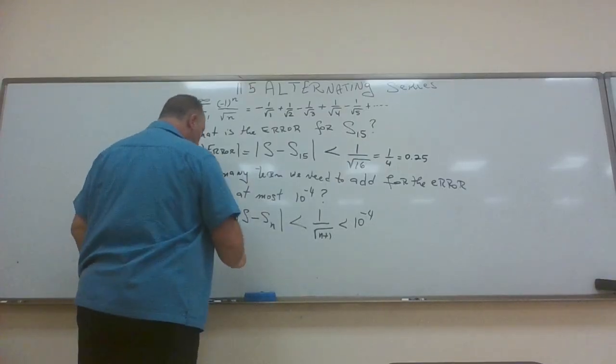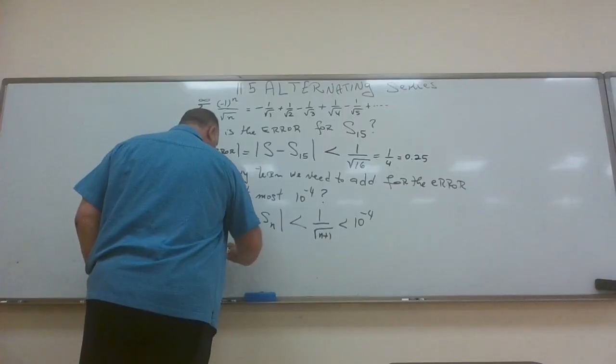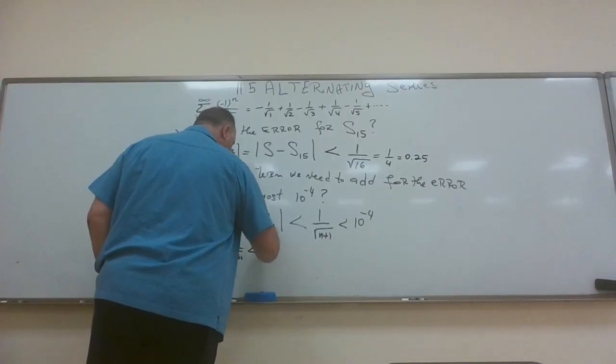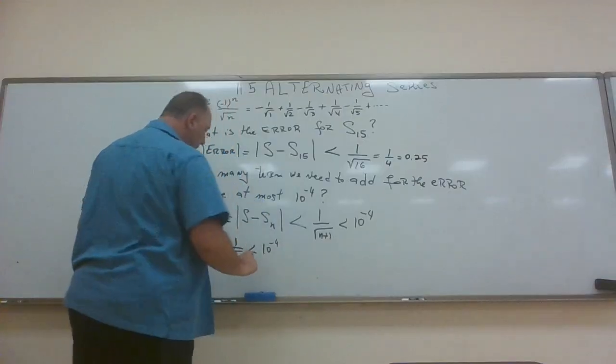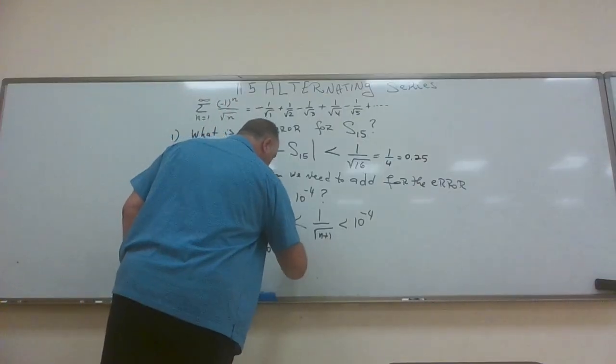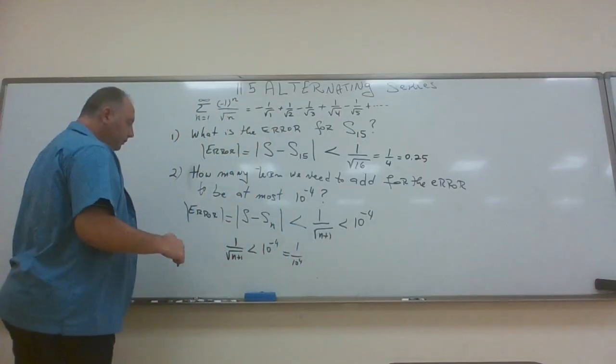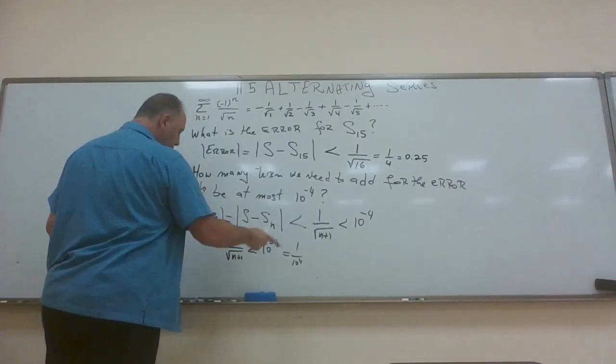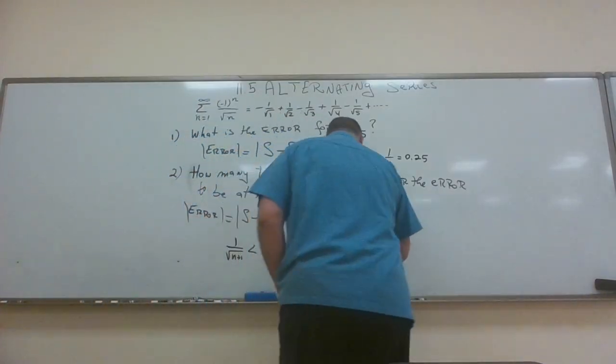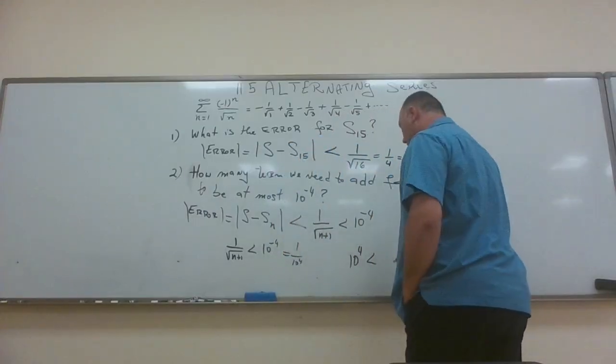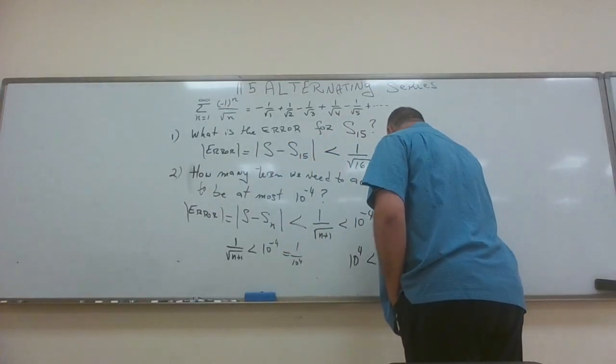So here now I have 1 over radical n plus 1 smaller than 1 over 10 to the power 4. So what do we do? Well, we flip them. So I have 10 to the power 4 smaller than radical n plus 1.